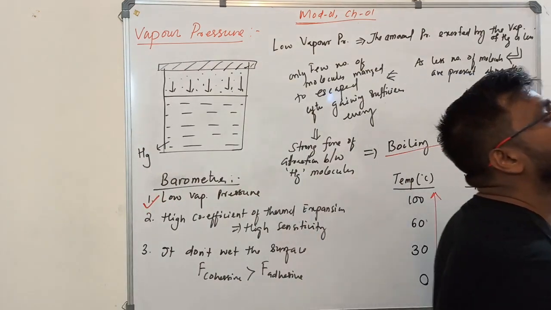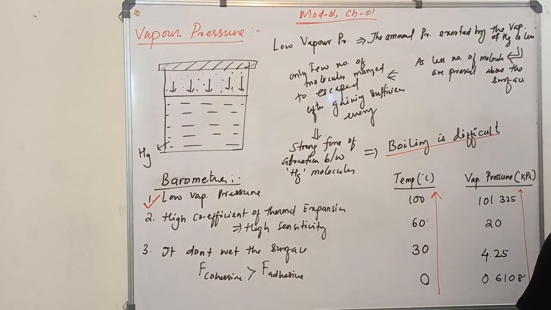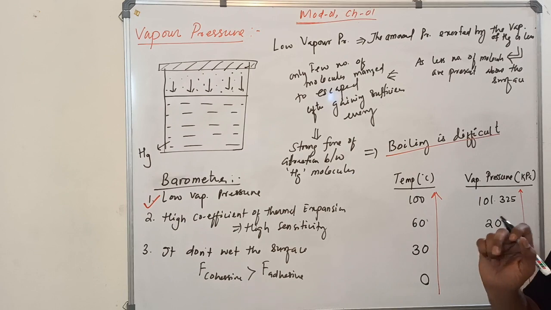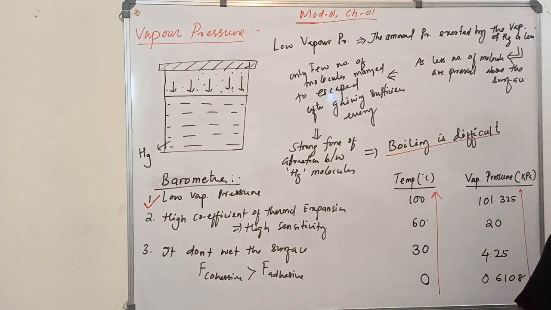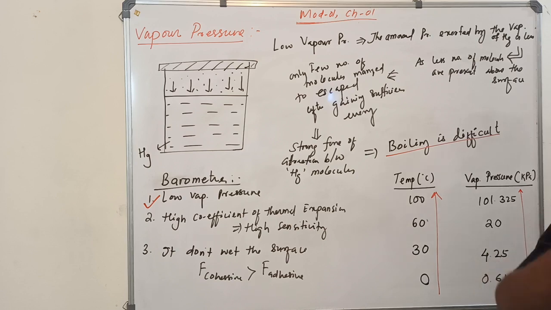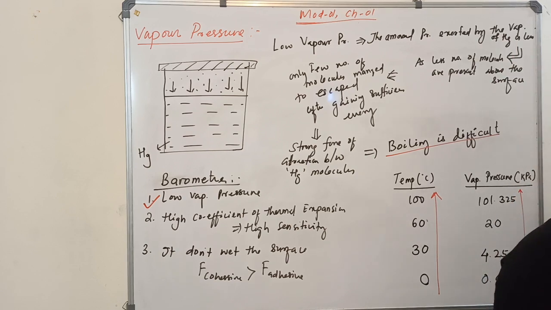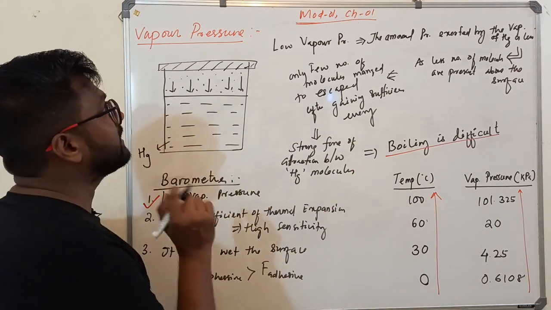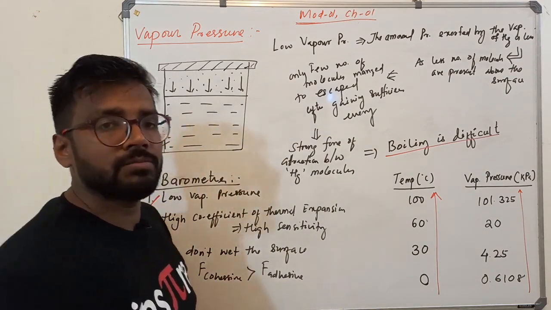Because it has low vapor pressure. Because it has low vapor pressure, it is difficult to boil. Because boiling is difficult, the vaporization is very, very less. Even if you keep it inside a container, it won't evaporate. Okay? Understood? So this is about vapor pressure.